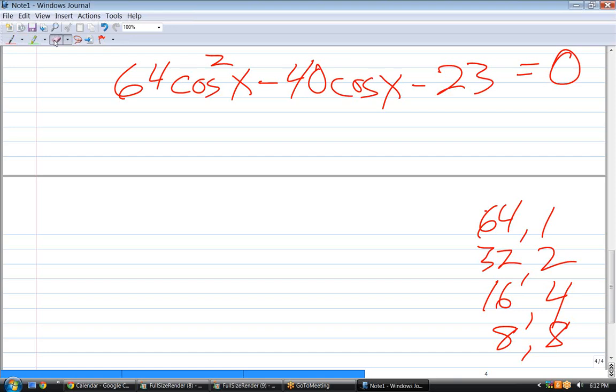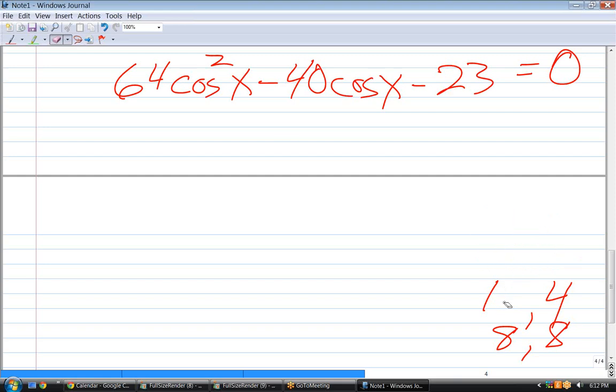So let's try the quadratic formula. Whenever you're trying to solve a quadratic, there's an optimum amount of time you want to spend trying to factor it before you decide that this is not going to factor and I'm going to have to use the quadratic formula.